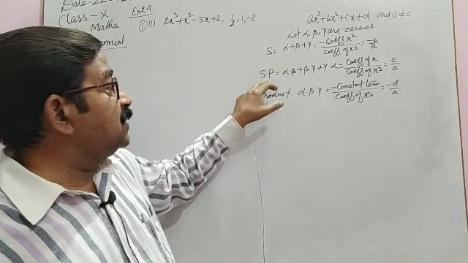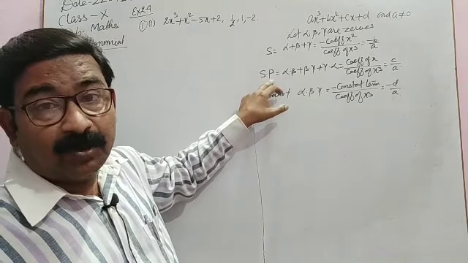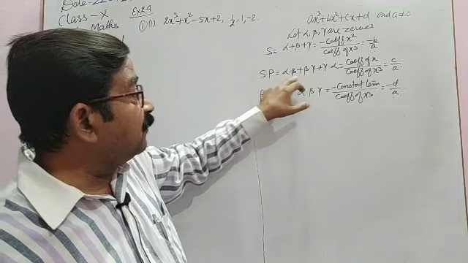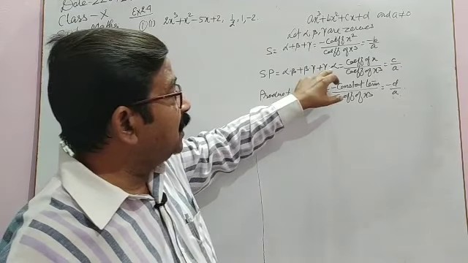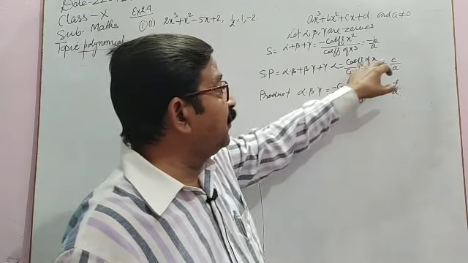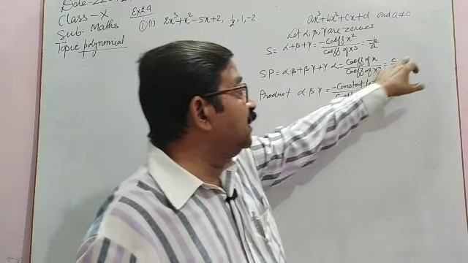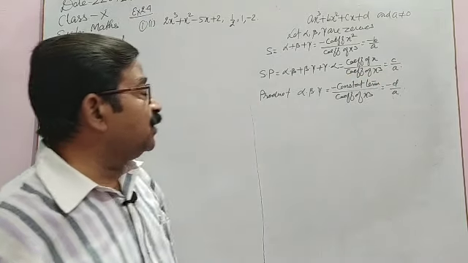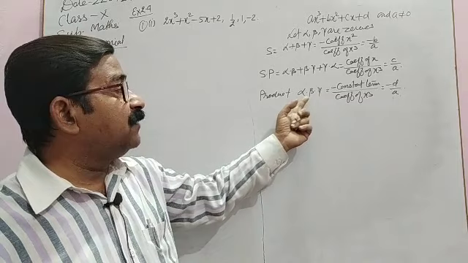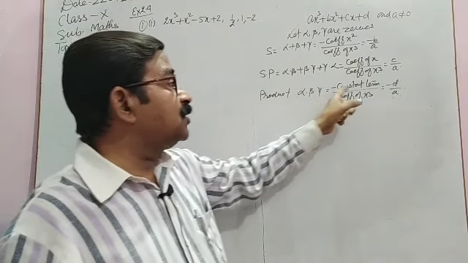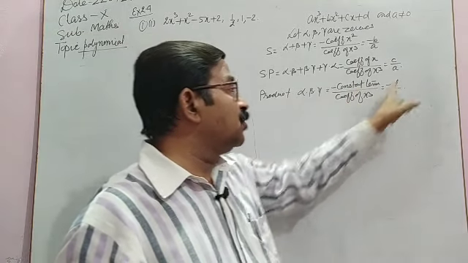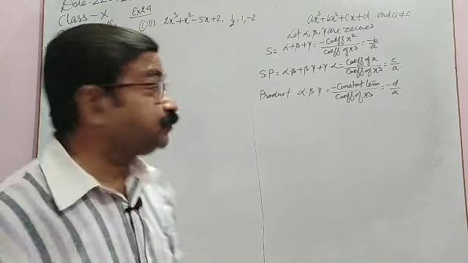The sum of products of zeros taken 2 at a time, alpha beta plus beta gamma plus gamma alpha, is c upon a. And the last one, the product of zeros alpha beta gamma, is minus constant term upon coefficient of x cube, minus d upon a.